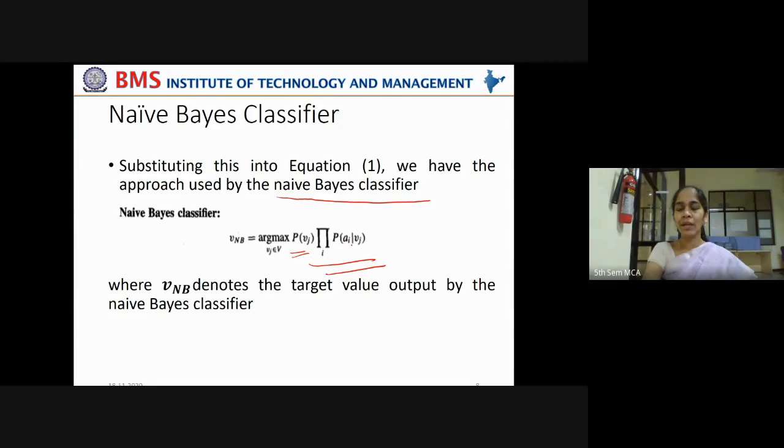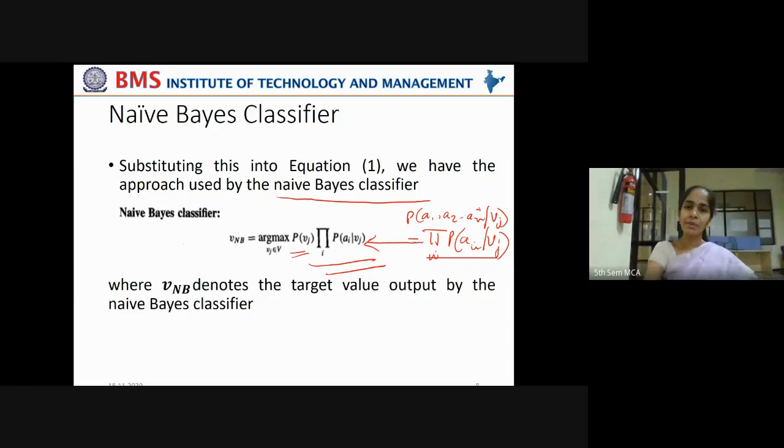Now, the probability of A1, A2 and so on up to AN given Vj is written as the product of each of the attributes Ai given Vj, right?